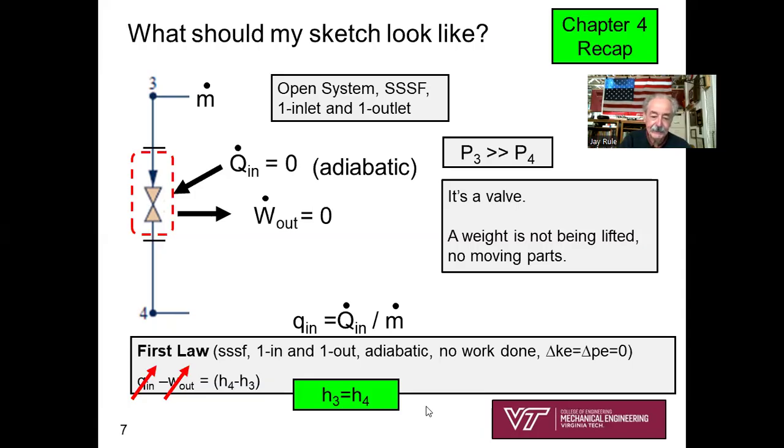You can get to this statement, h3 equals h4, very quickly by thinking about what you already know and have mastered about the first law for steady state, steady flow, open system, one inlet, one outlet, and then the modeling of our component. No heat transfer, adiabatic, and certainly no output power.